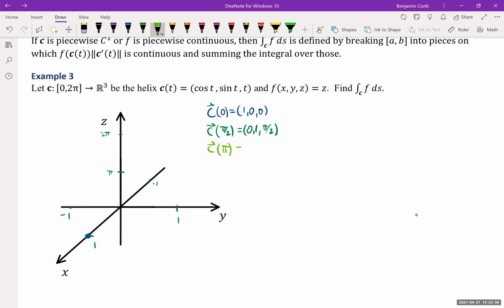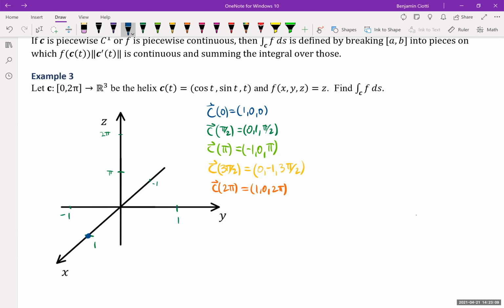C of pi is -1, 0, pi, and C of 3 pi over 2 is 0, -1, 3 pi over 2, and C of 2 pi is 1, 0, 2 pi.